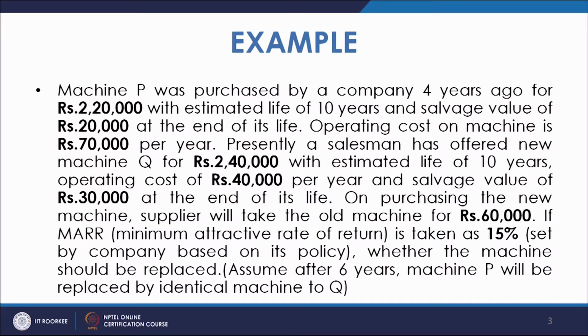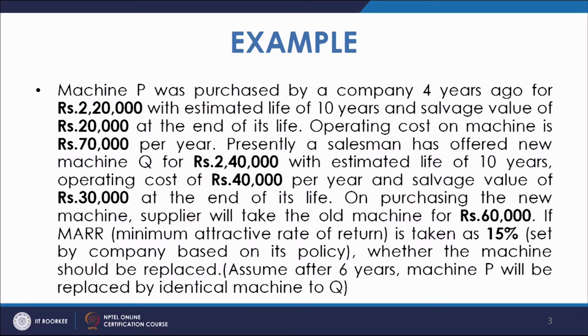Its operating cost is rupees 40,000. You can see that the operating cost for the old machine was rupees 70,000 per year, but the operating cost of the new machine is rupees 40,000. Certainly the cost of this machine is larger, but the operating cost is smaller.